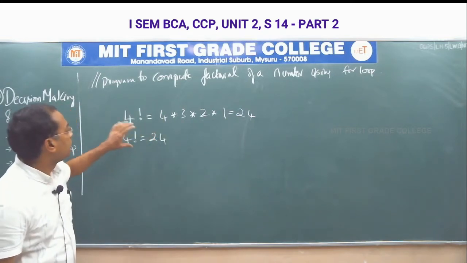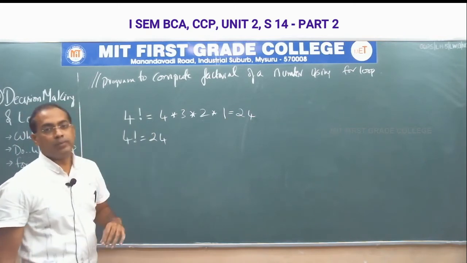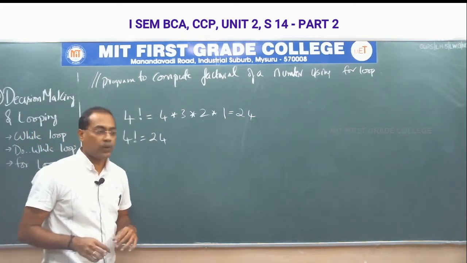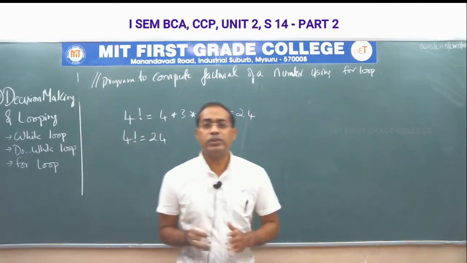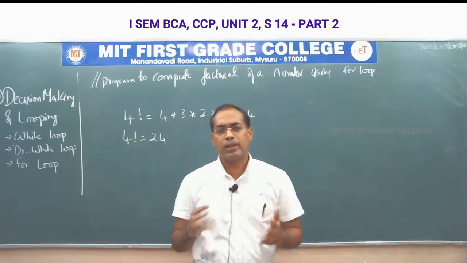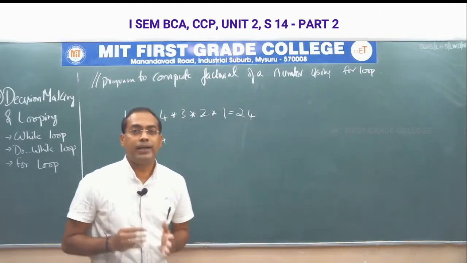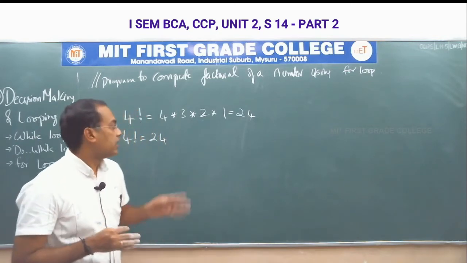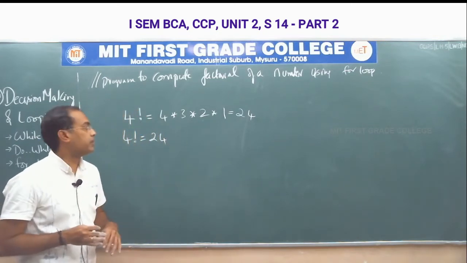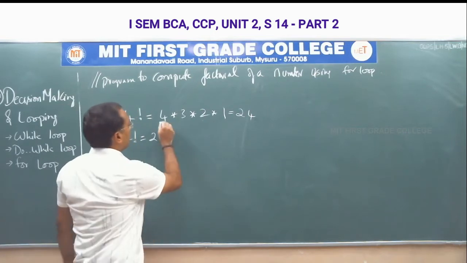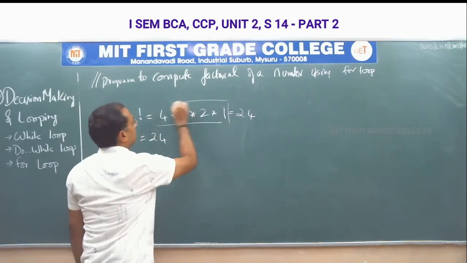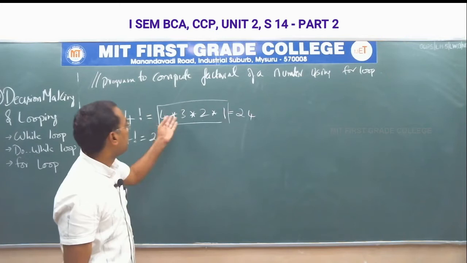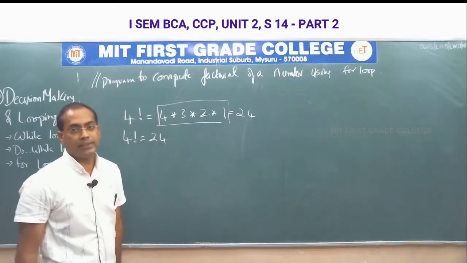Now we need to solve this problem. Students, whenever you are going to solve a problem using C or any programming language, first you need to understand how to build the logic. Let's see how to solve this problem. Your observation matters a lot. First you have to observe the numbers and how you are solving this.